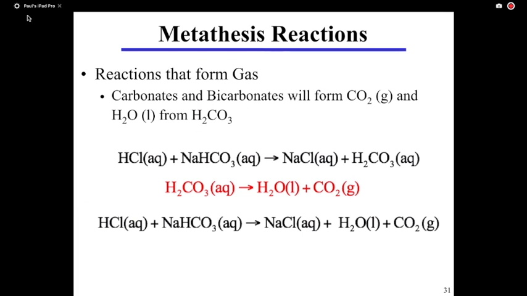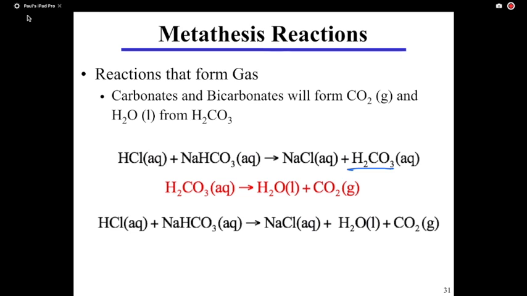There is one very special formation that you need to understand. Sometimes in a metathesis reaction you're going to create a compound, carbonic acid.